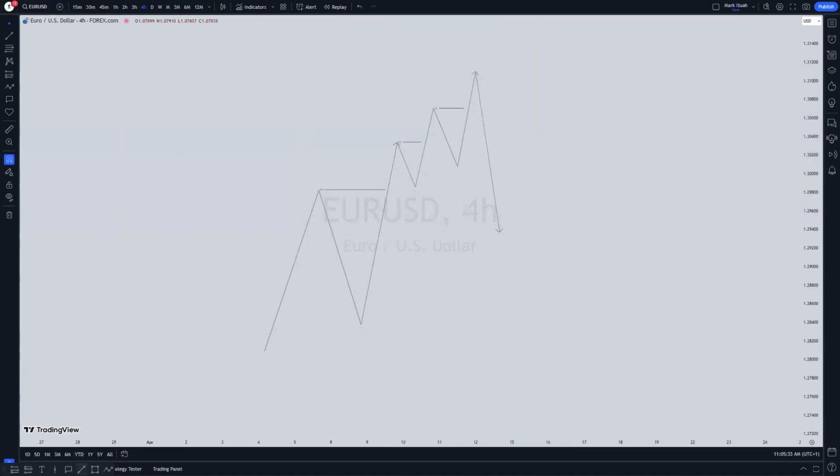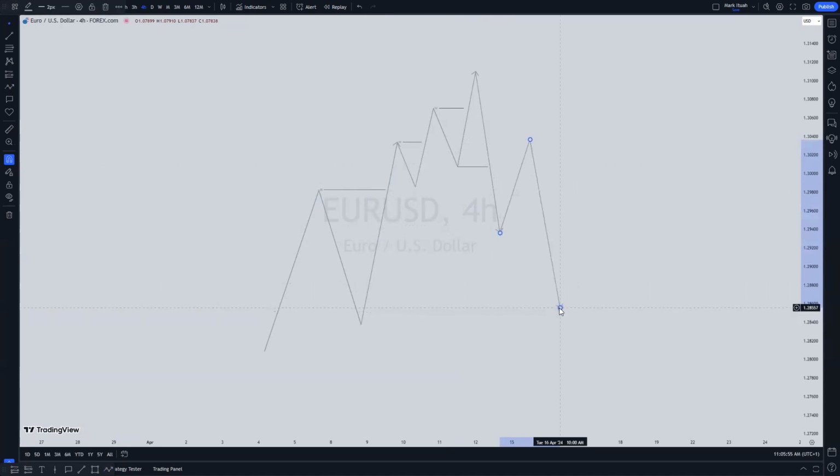Now, what most people do, and this is where they get market structure wrong, is that when price breaks this low, it is not a signal for you to start looking for shorts, going long like this.